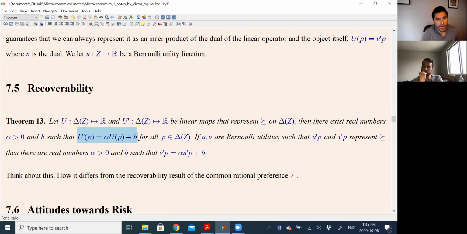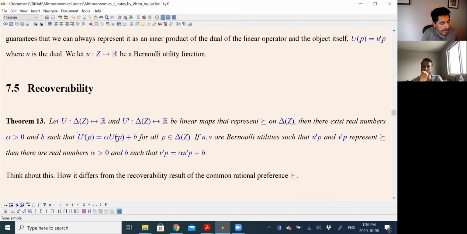Yes. So I'm telling you the following. So you have the following information. So the utility of P plus, which is the best lottery possible, is equal to 1. The utility of P minus is equal to 0 always, okay? So then, as in the theorem, take two utilities that represent the same preferences, U and U prime, okay?